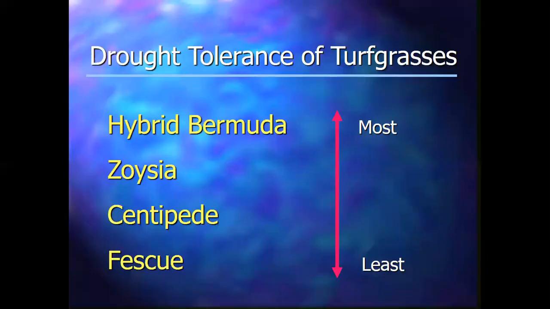See this right here? The drought tolerance of turf grasses. The hybrid Bermuda is the most drought tolerant. It's a tough grass, can handle drought, hot, dry conditions, but it doesn't handle shade. That's something you have to keep in mind. Zoysia can handle shade, filtered shade. Centipede grass doesn't do that. It doesn't really like shade.